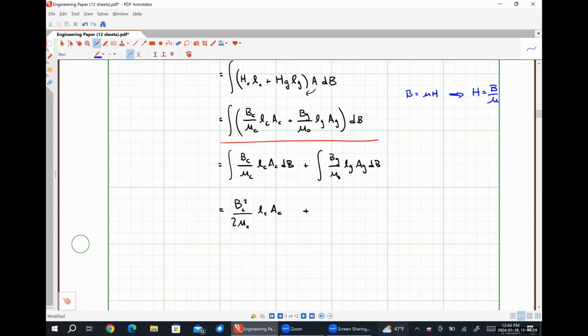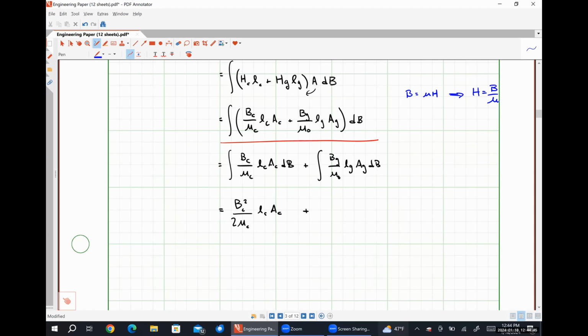So I substituted that relationship in, and then I also distributed the cross-sectional area A. So in my first term, I have AC because I'm dealing with the area of my core. And the second term is all about what's going on in my air gap. So I'm using AG, which is the cross-sectional area of the air gap.